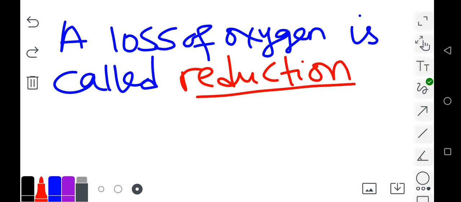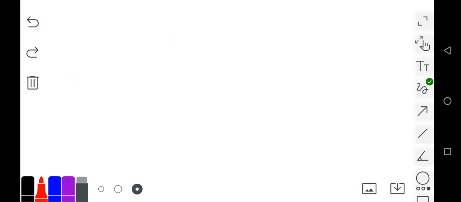Another example that we can give you in order to understand what happens when you're looking at reduction is the extraction of iron.